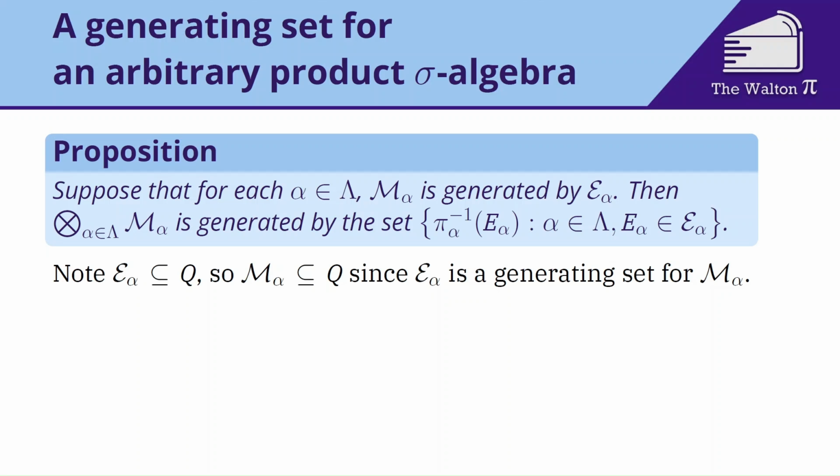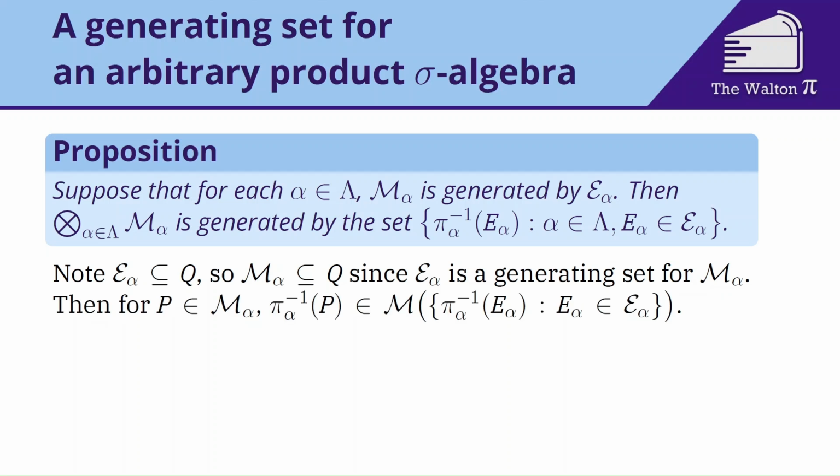So now note that E alpha is a subset of the sigma algebra Q. So that tells us that M alpha is a subset of Q, since E alpha is a generating set for M alpha. Then for P in our sigma algebra M alpha, pi inverse of P is an element of our sigma algebra generated by our elementary family.